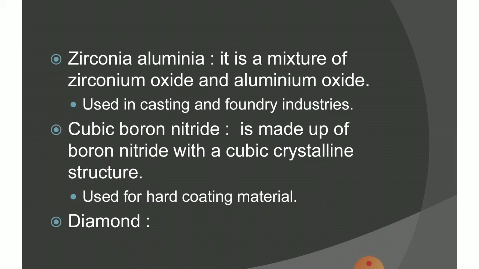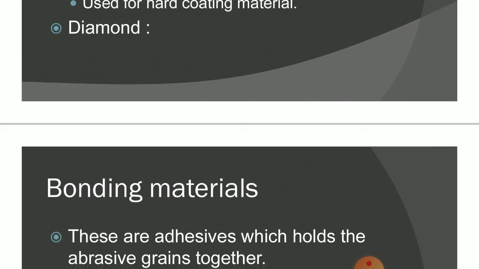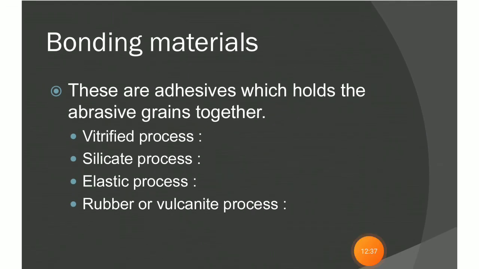Even though for cutting the diamond we must use another form of diamond, right? In the jewelry industries we observe the diamonds being shaped into very peculiar shapes, right? For those achievements we use diamond also, right? Now bonding material.